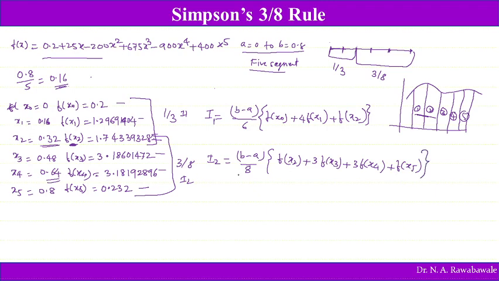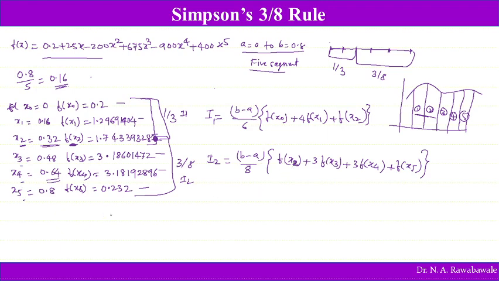Instead of 0 we are starting at 2. So the first Simpson's 3/8 term will be x2, then x3, x4 and x5. So instead of x0, here we will have x2.